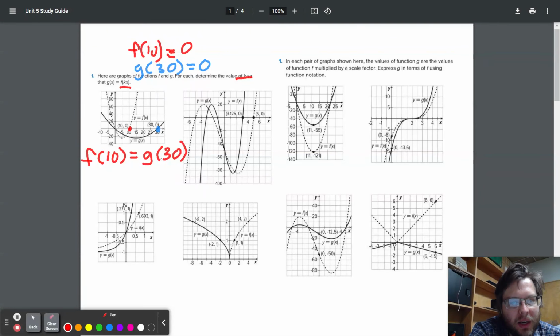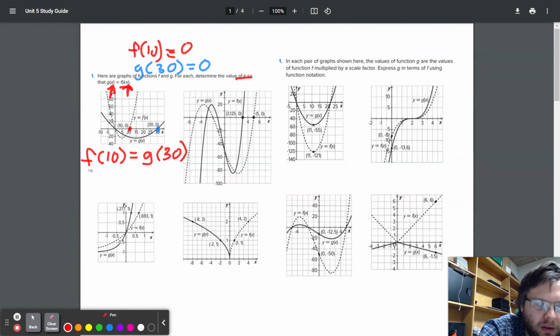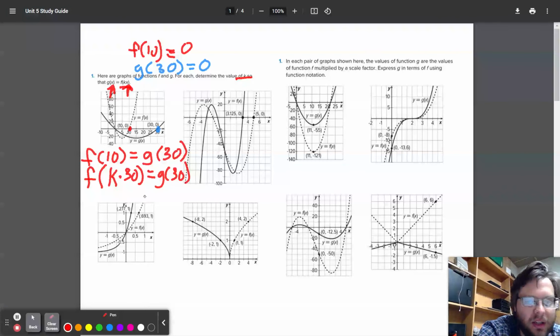And what I want is f of something times x. So I want to make the number that is inside of g, see, g has the number x inside of it, match up in f. So I'm going to think f of something times 30 equals g of 30.